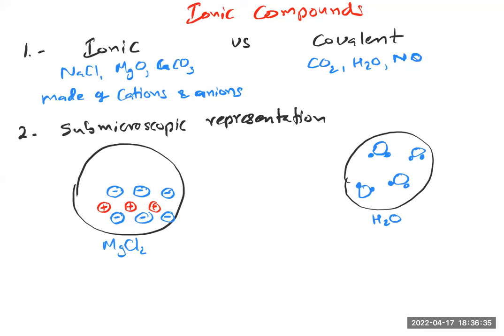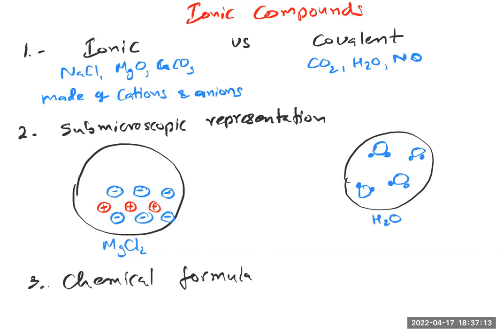And then what we have to deal with was the chemical formula of ionic compounds. Even though we don't have molecules, we still write MgCl2. So what does this mean? The chemical formula gives you the ratio between the cations and the anions in the compound.